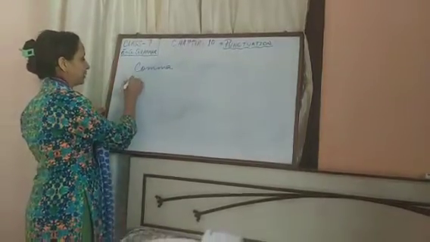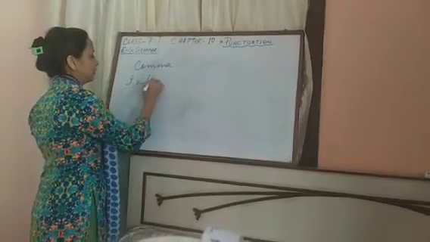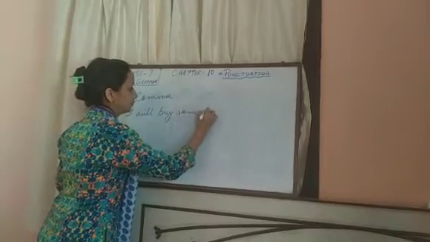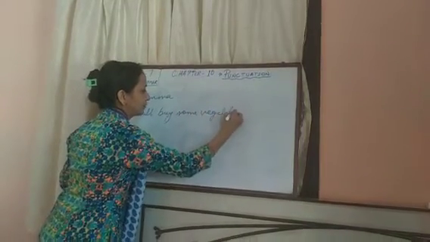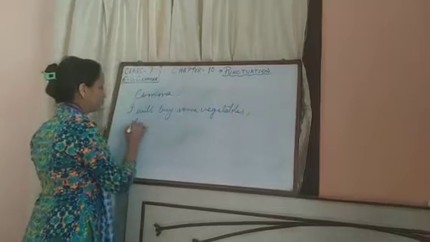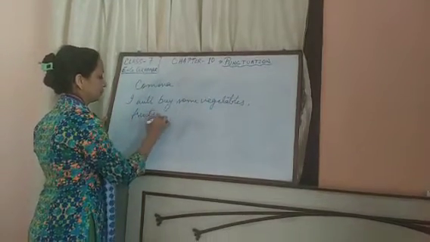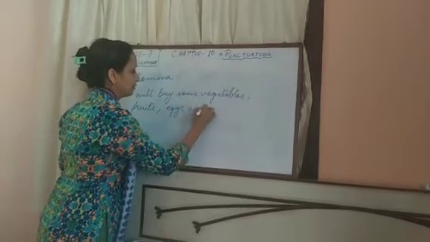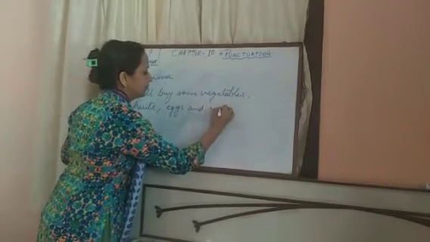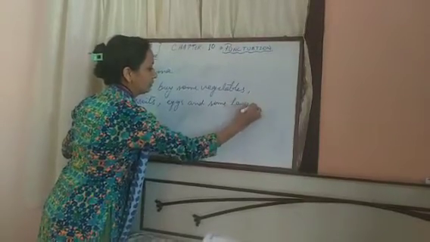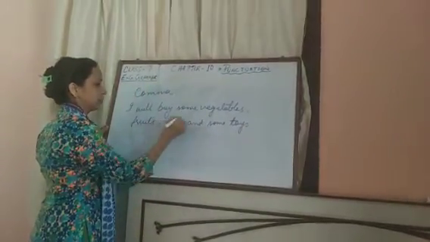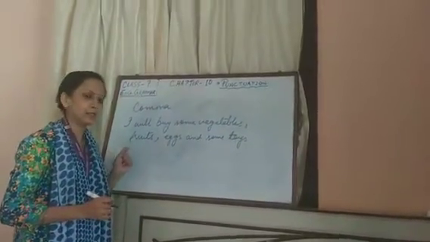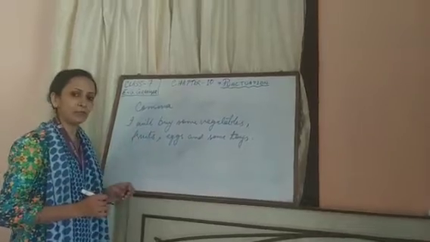For example, I will buy some vegetables, fruits, eggs, and some toys. This is a sentence. See, these items mentioned in the sentence are separated with commas. So that is one use of comma.